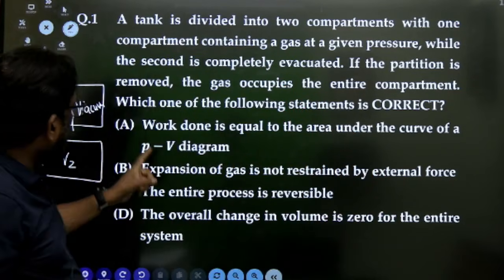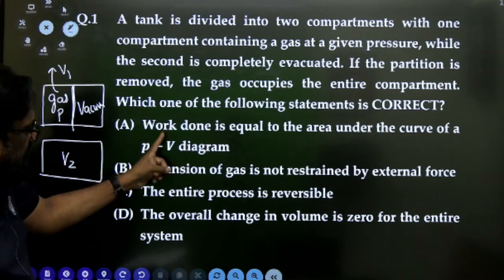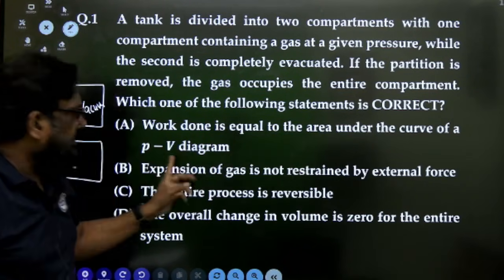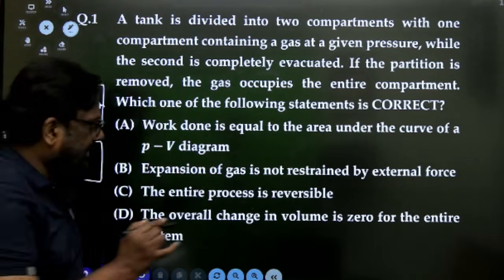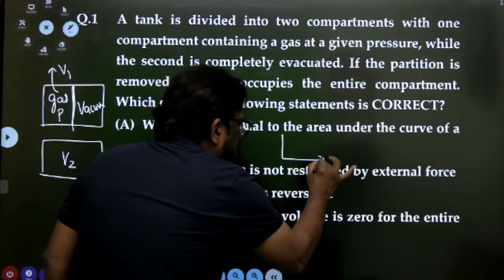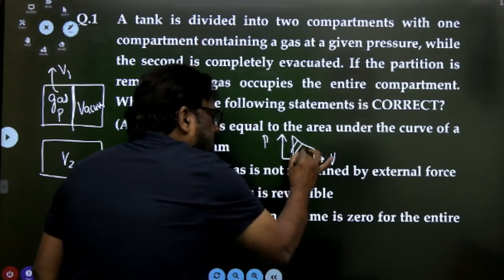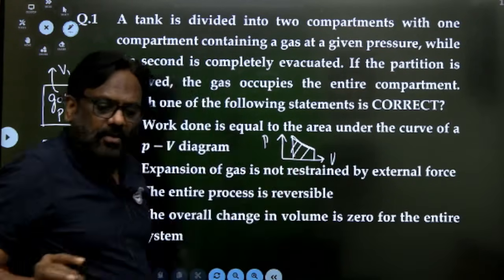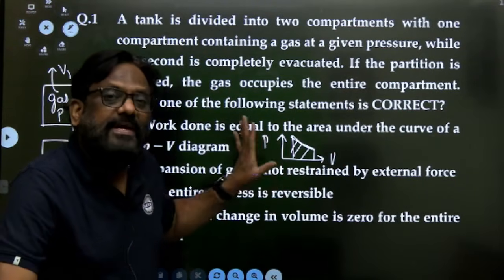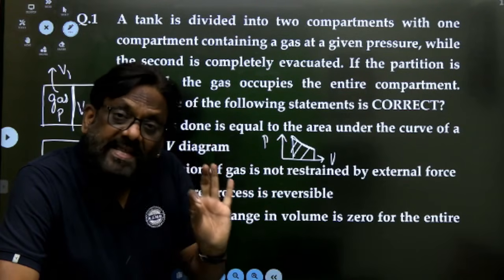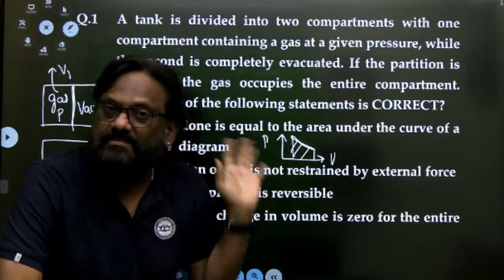Very good. Now, let's see the first option: the work done is equal to the area under the curve on the PV diagram. My dear students, if it is a closed system and you are calculating the work, the area under the curve will be equal to work only when the process is reversible.